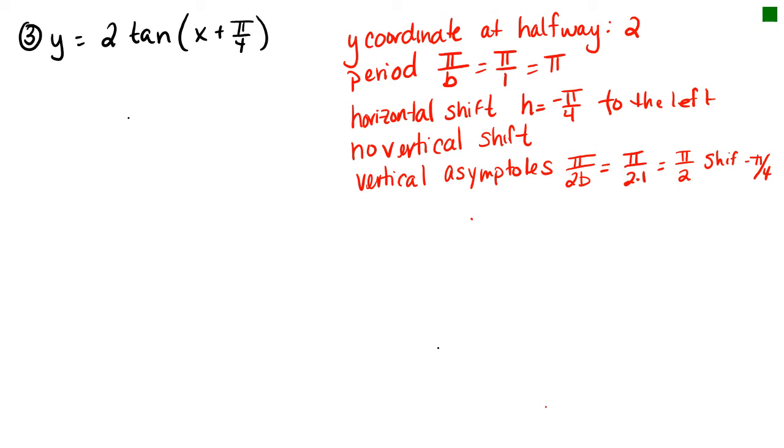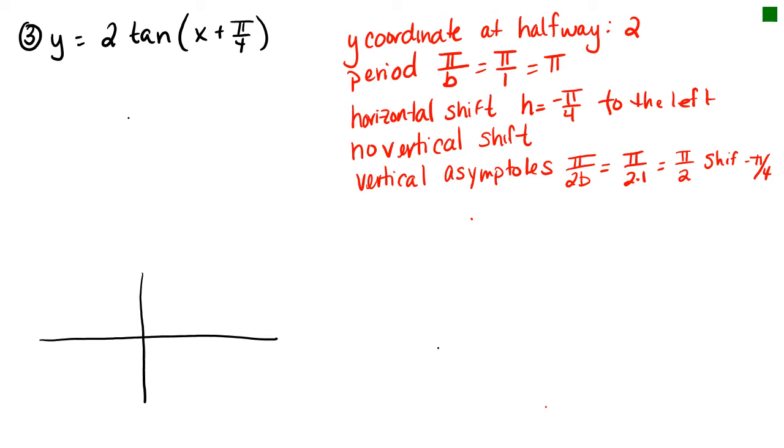So let's put our thinking hats on. A period for tangent normally looks, well, you know what? I'm going to draw, I don't know if you need to do this, but I'm going to draw that parent function, and we'll talk about how it shifts below here.